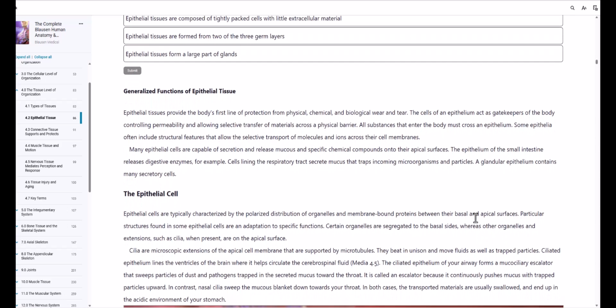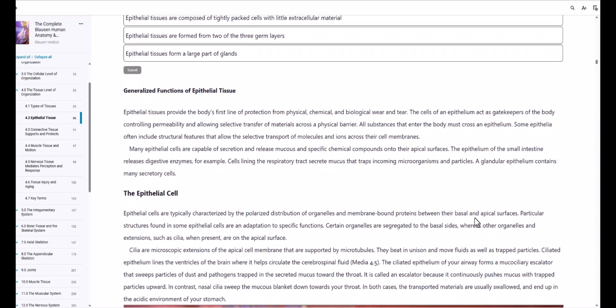So what do epithelial tissues do in general? Pretty obvious. They protect, right? They protect from the outside. They protect our organs from each other. And basically, the epithelium acts as a gatekeeper to our body.